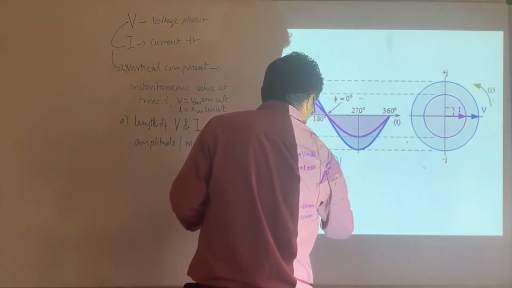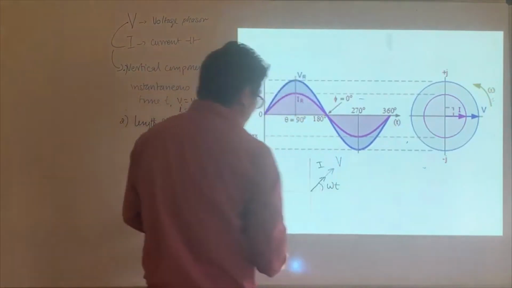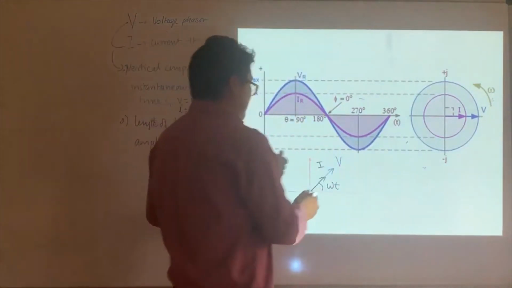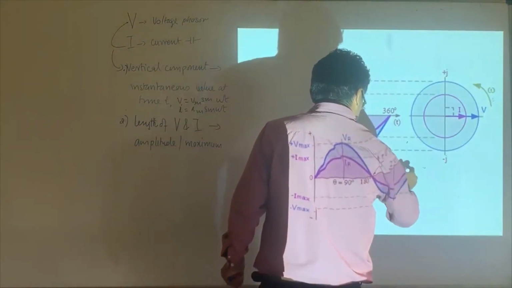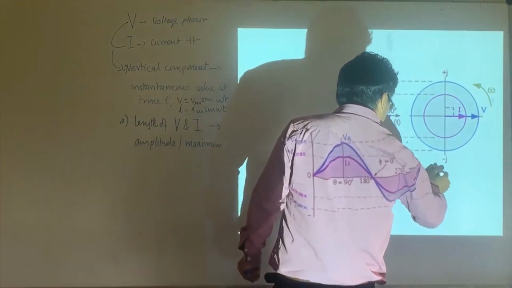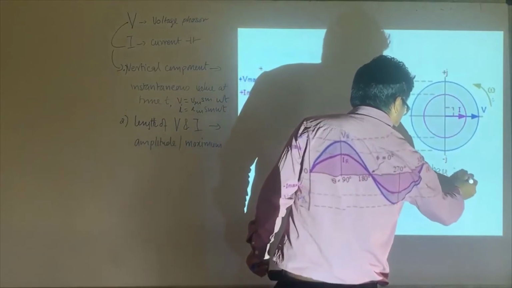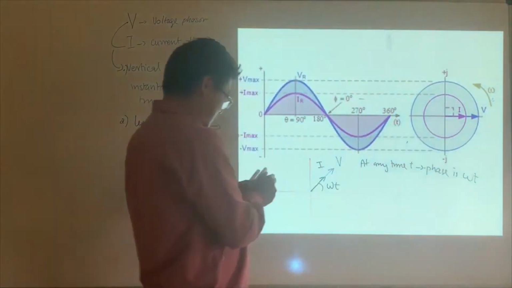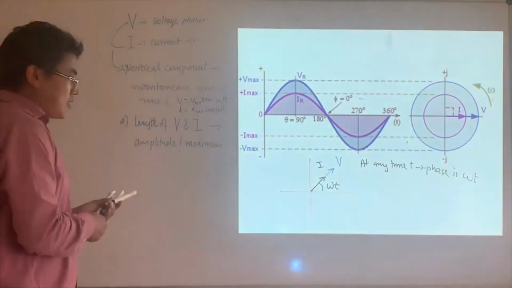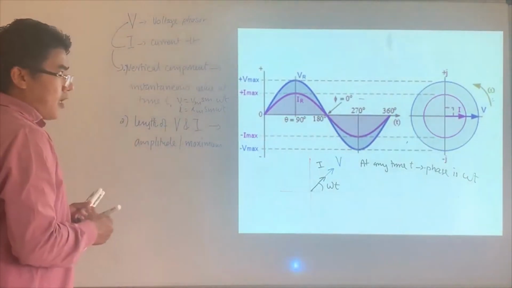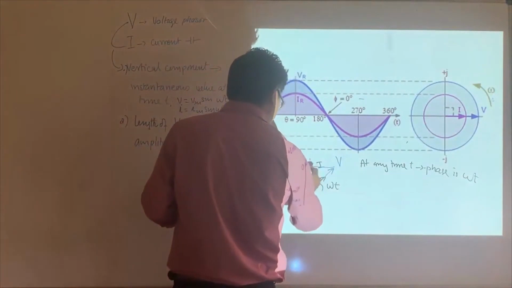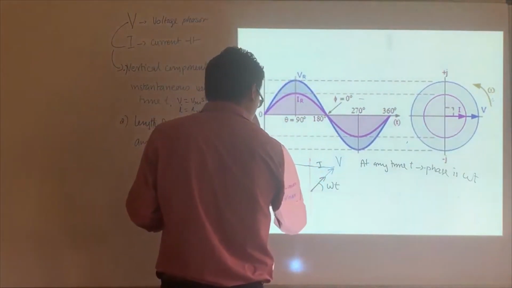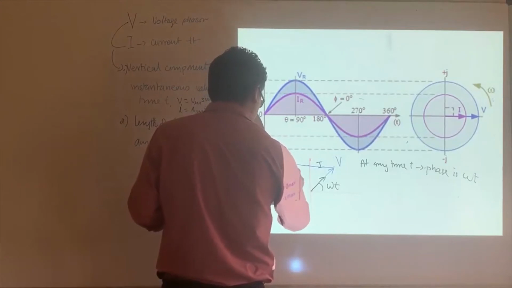At any time t, phase is going to become omega t. So now, what is the value of V at time t? The value of V at time t is going to become V m sine omega t.